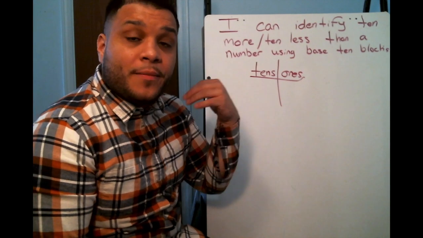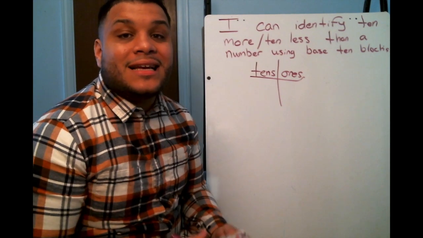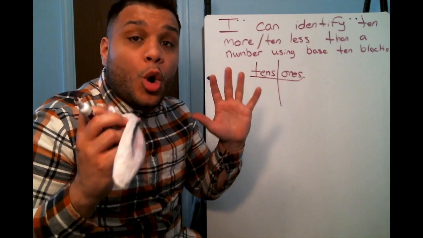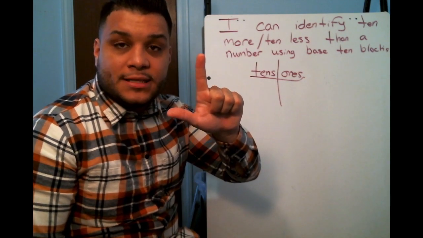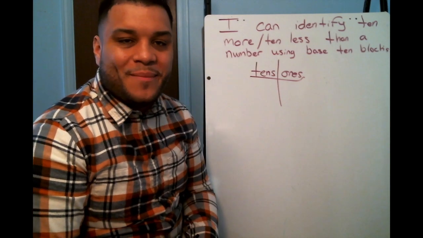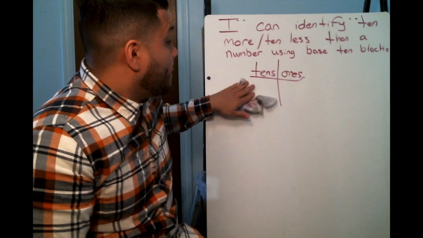Now, if you remember from last week, I gave you guys a secret and said that whenever we work with 2-digit numbers, we are always going to have ones place and tens place. That's how it becomes a 2-digit number. Awesome.